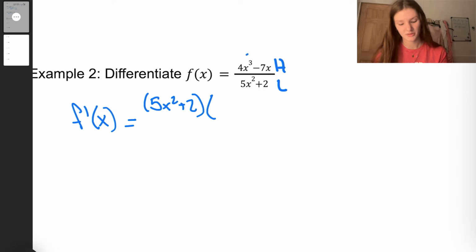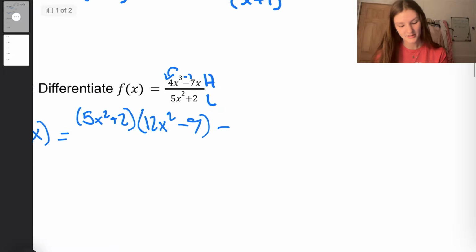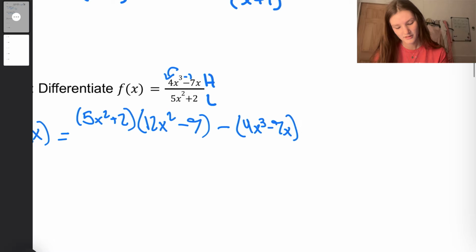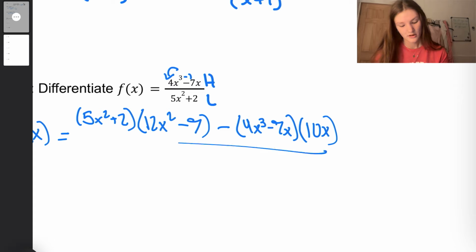In case you're not understanding what I'm doing, I'm timesing this by 4. 3 times 4, so that's going to be 12x to the 3 minus 1, squared. That makes sense, power rule. You should know power rule by now. Times the derivative of the high, minus the high times the derivative of the low, 10x, over low squared.